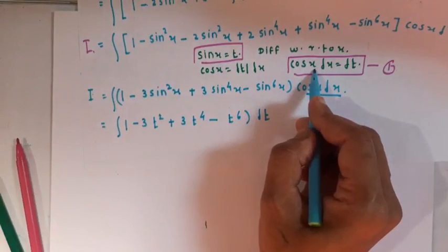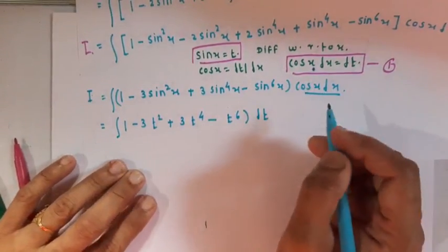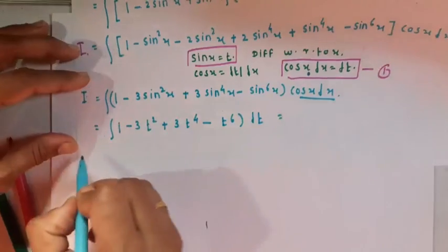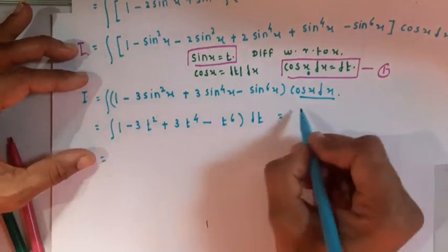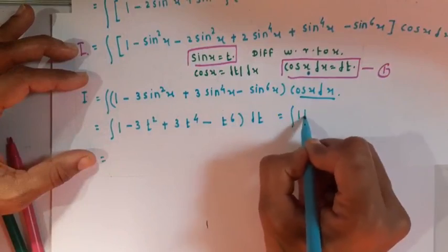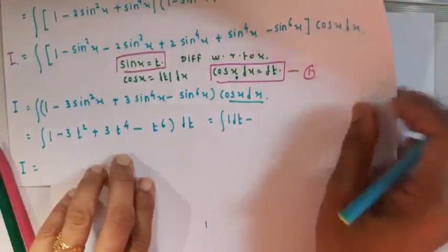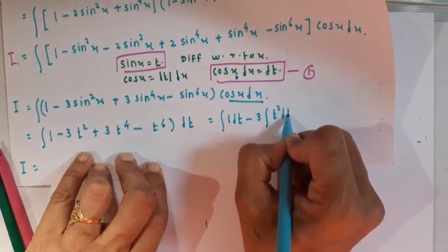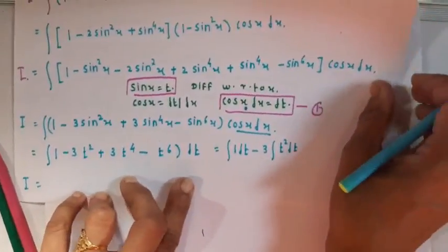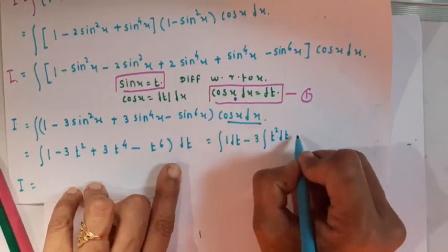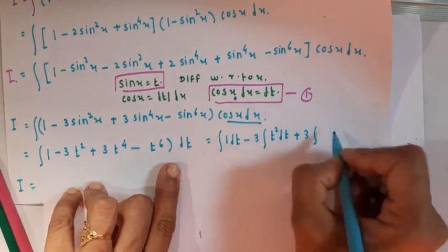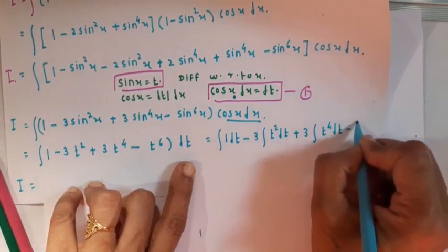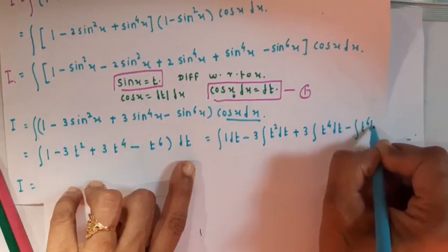Now the integration: integration of 1 with respect to t, minus 3 as a constant, integration of t square with respect to t, then plus 3 as a constant, integration of t raised to 4 with respect to t, minus integration of t raised to 6 with respect to t.